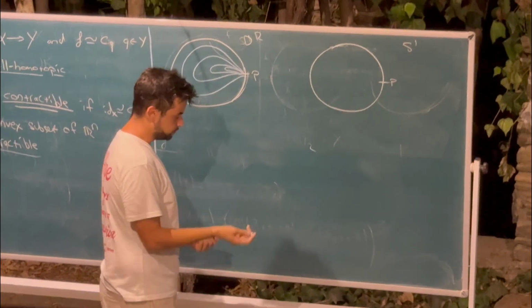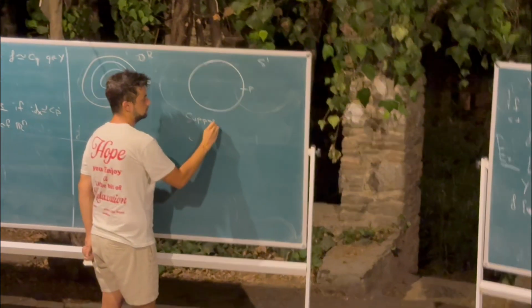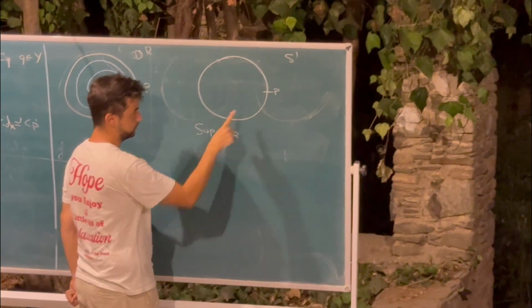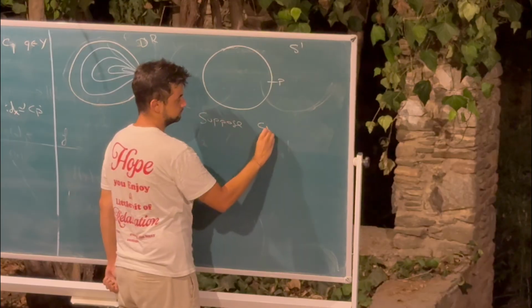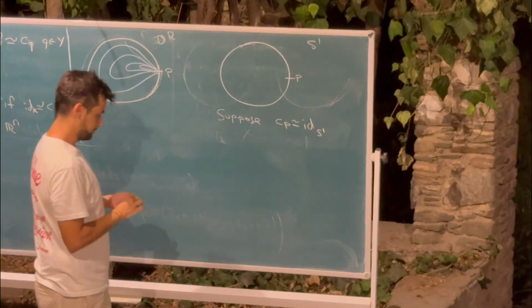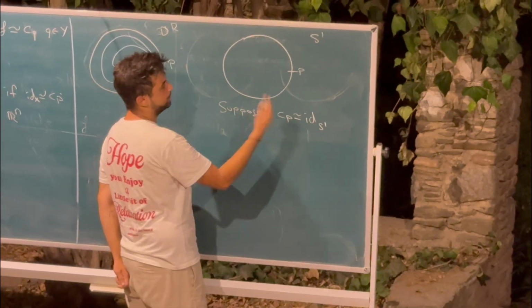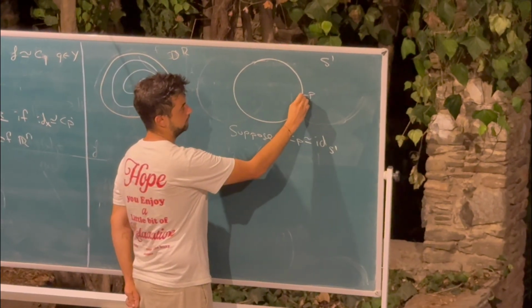Suppose we have a homotopy to the constant map P. Suppose throughout this homotopy, P is not moving, right?